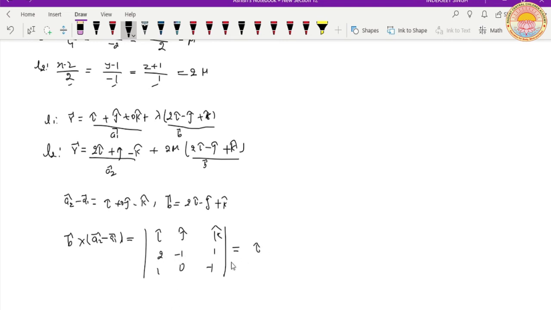With j cap, we will get 1 into 1, minus, minus plus, 2 into 1. It means 3 j cap. And with k cap, we will get 2 into 0, 0, minus, minus plus, 1 k cap. Clear?